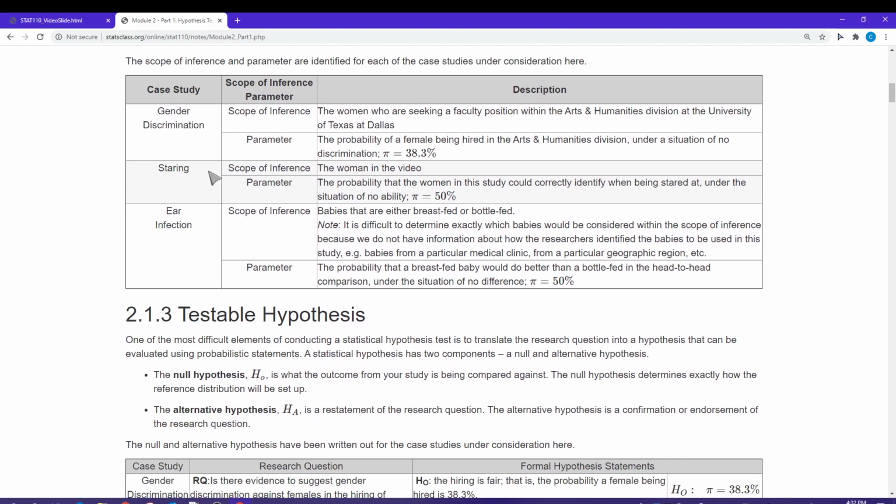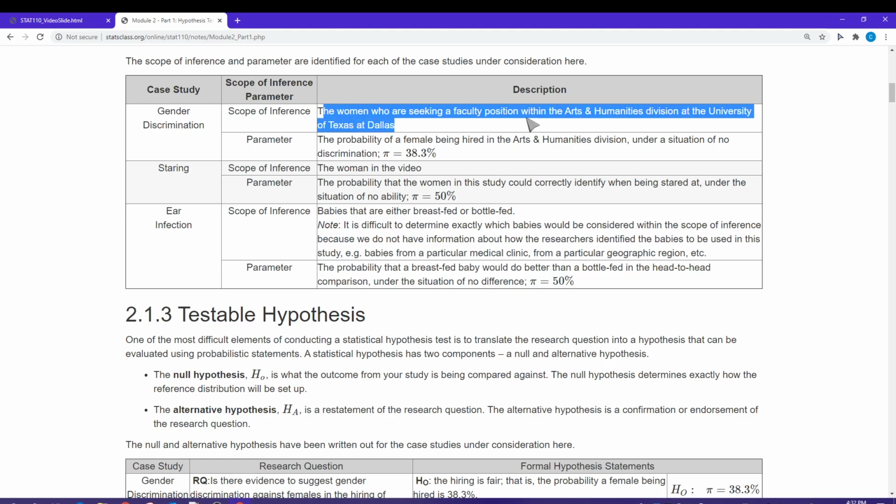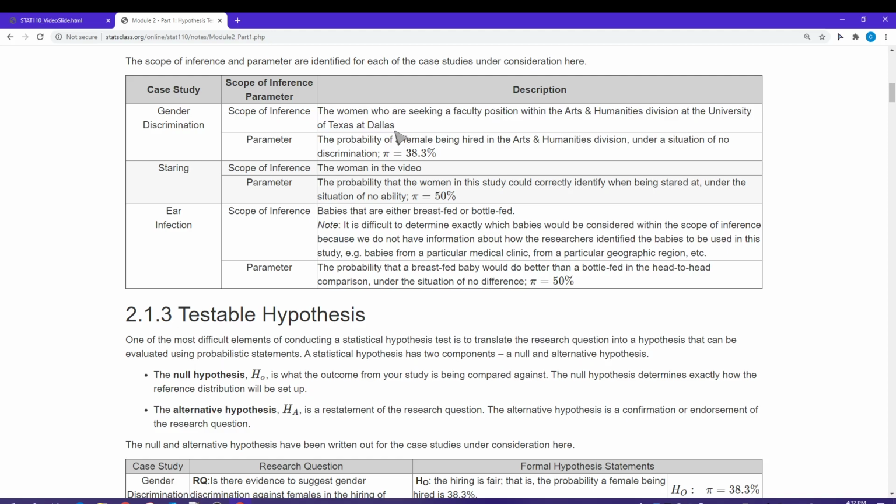So let's talk about the scope of inference for our 3 examples. The scope of inference for the gender discrimination case is going to be the women who were seeking a faculty position within that particular division at that particular college. So it's not just the people that were actually hired, but we were trying to evaluate discrimination, so it's going to be the people that were hired and the women that were not hired as well.